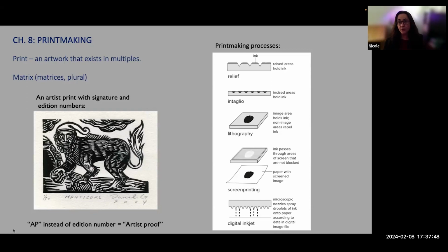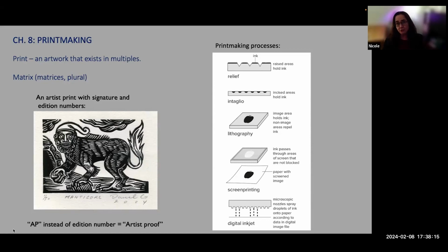This is also known as an edition. These are signed and numbered by the artist. Once the entire edition is printed, approved, signed, and numbered, the printing surface is canceled. So the matrix is canceled by scratching or gouging into it so it can't be used again. That's what keeps the edition number limited, right? The guarantee that no more can be made from that same matrix.